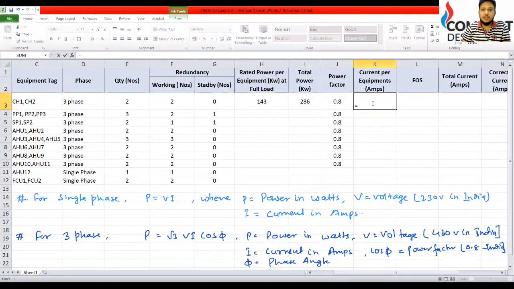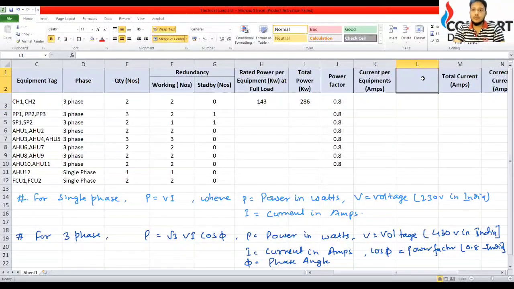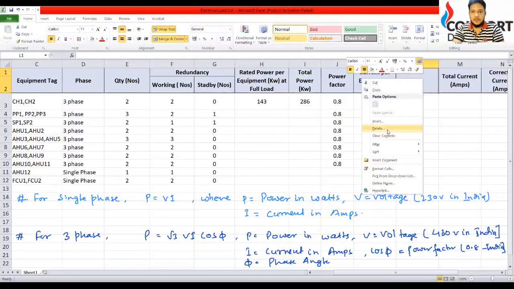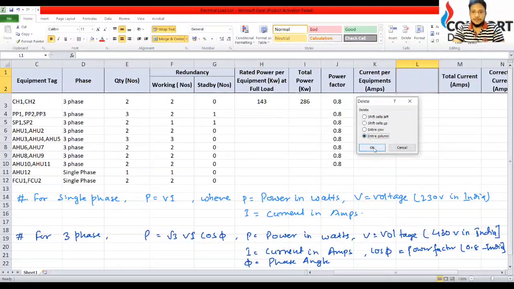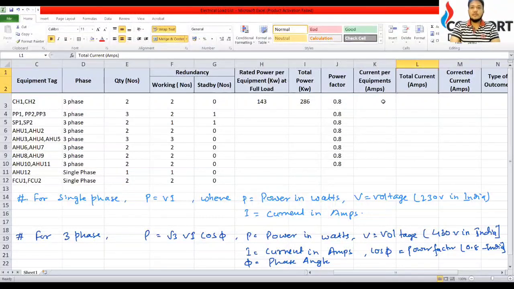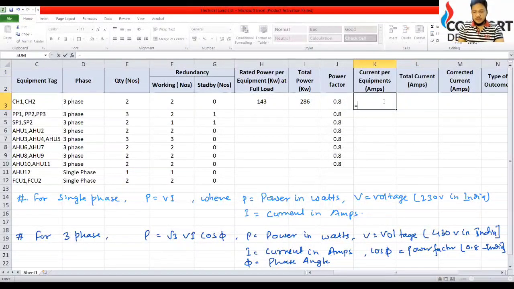So how can we determine it? We will put an equal to sign, and we can delete this one also, because this is not required. Since this is for three phase, I equals P divided by root 3 V cos phi.